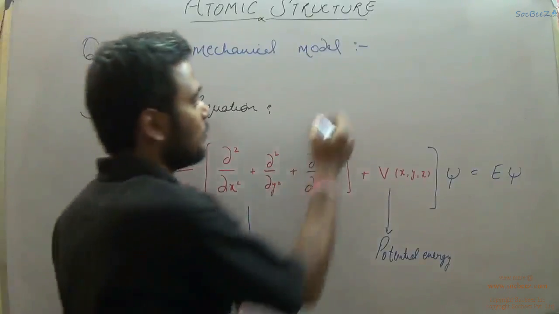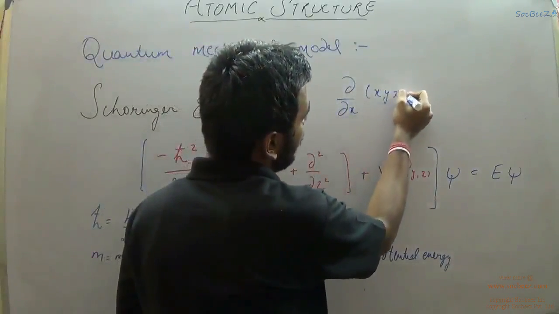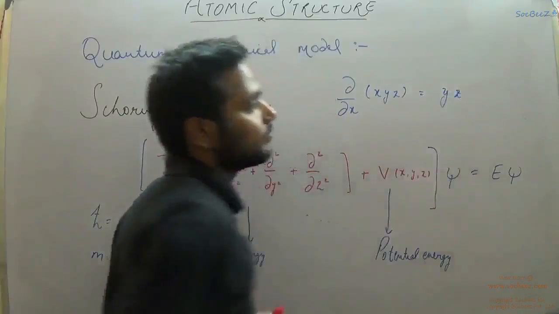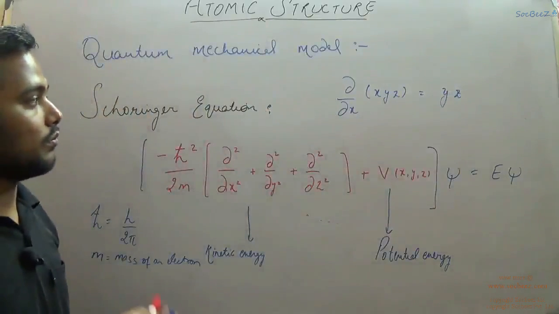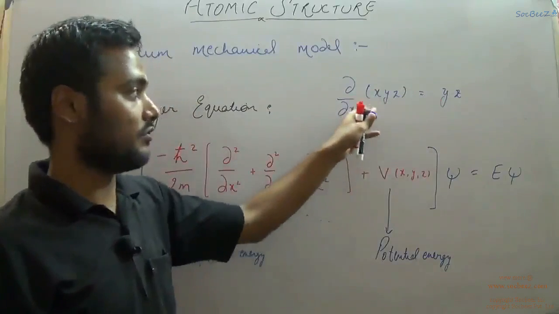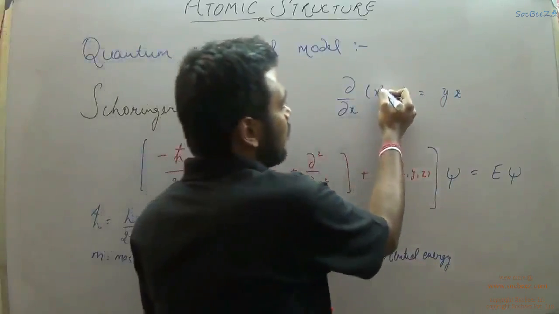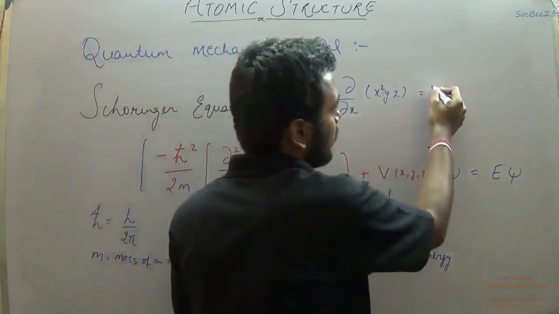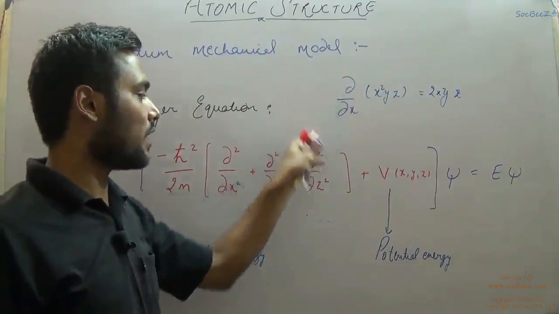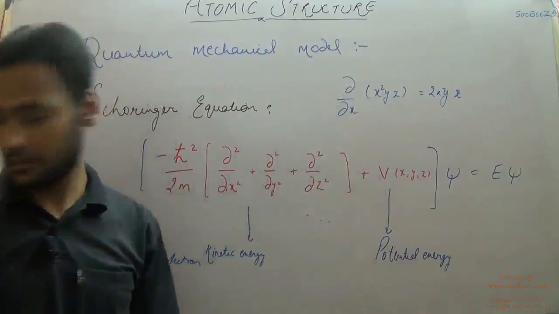So therefore, for example, del by del x of x into y into z will be y into z. Okay. So similarly, del by del y of xyz will be xz, or del by del z of xyz will be xy. Okay. And if it would have been x square yz, then it would have been 2xyz. So this partial differential works in this way by assuming the other parameters as constant.